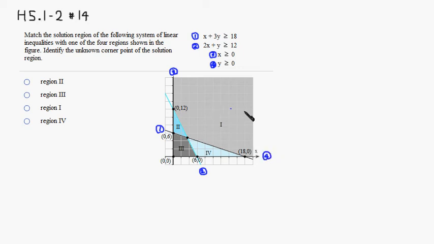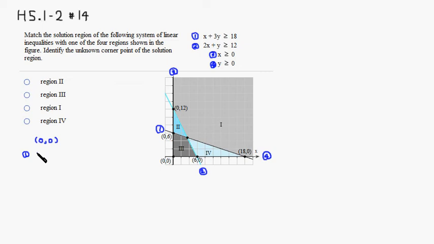So let's pick the correct side. Let's check the origin, 0, 0, which is not on these borderlines. Let's check the first one, number 1.